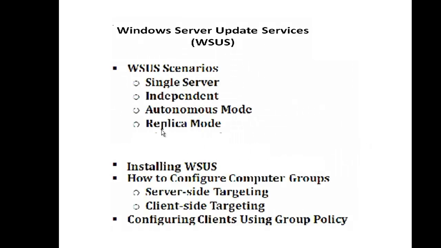The topics that we're going to be looking at are WSUS scenarios: single server scenario, independent scenario, autonomous mode, and replica mode. In section 2 of WSUS, we're going to be looking at installing WSUS.